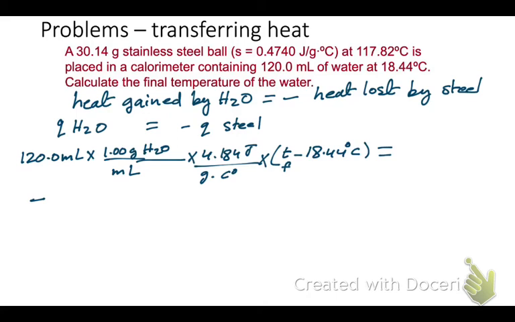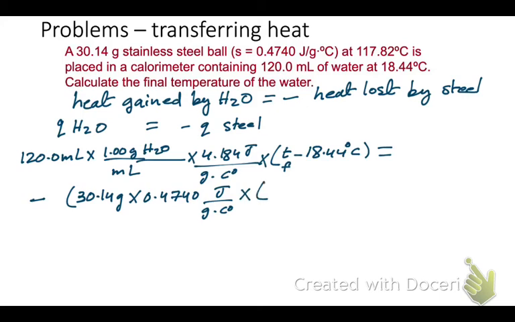How do I calculate Q of steel? I have 30.14 grams times the specific heat, which is 0.4740 joule for every gram every degree Celsius, times the final temperature of the steel.